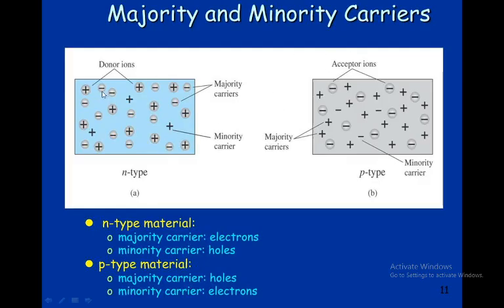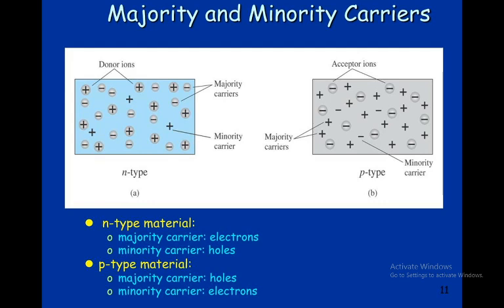So now let's look at this image for a p-type material. You notice that in the nucleus of the atom there are protons and neutrons. Protons are positively charged, neutrons are neutral.